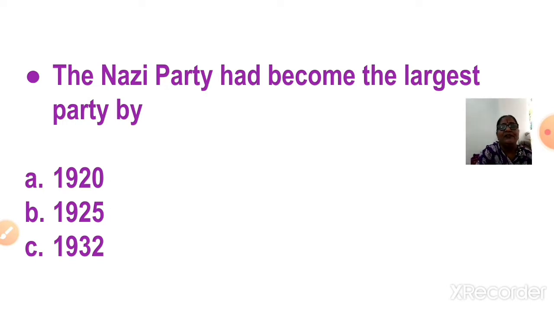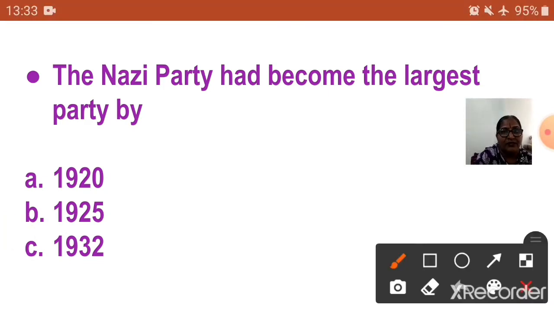Options are given: 1920, 1925, 1932. Okay, and here is your answer. It is 1932. Let's move on to the next one.